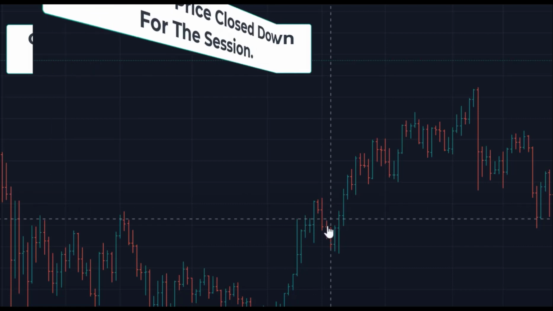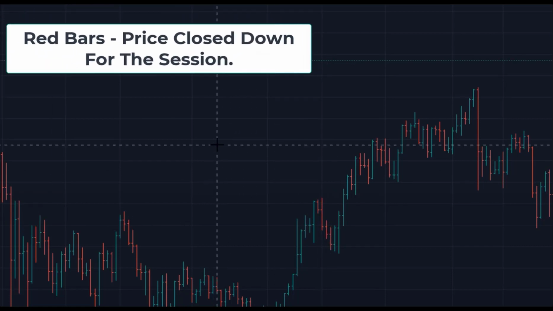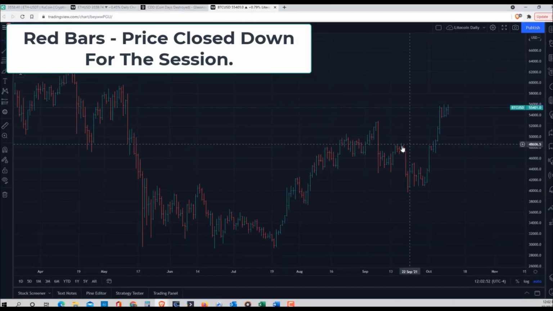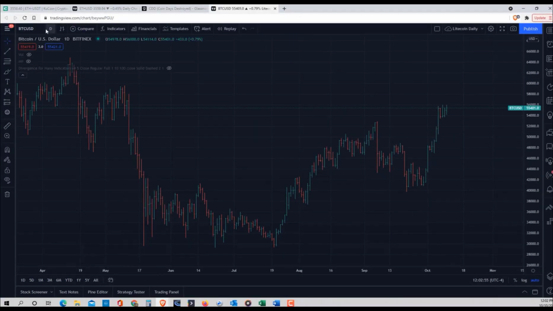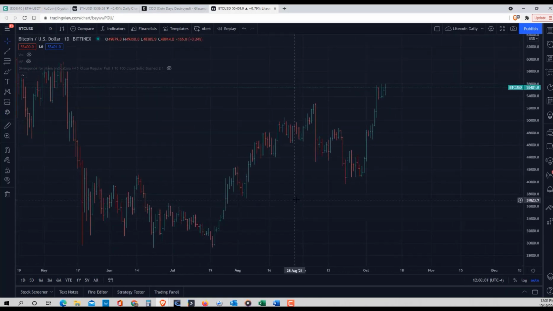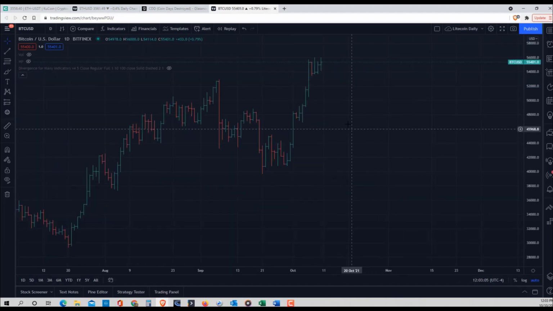And the red bars are when it closes lower than the previous bar, the previous day. And of course, this could be any time frame. This is the daily chart, but you can also have a 5-minute chart in which every bar equals 5 minutes. So this particular chart type is called a bar chart because it looks like a bar.